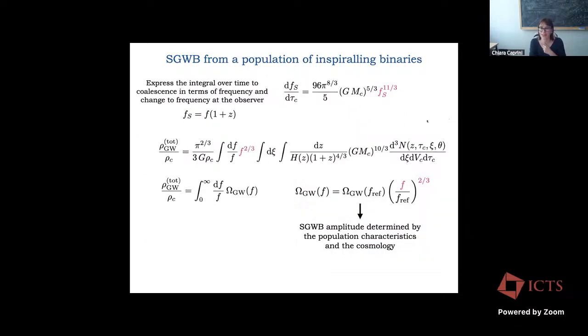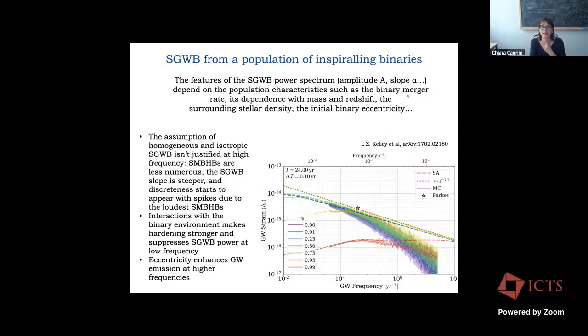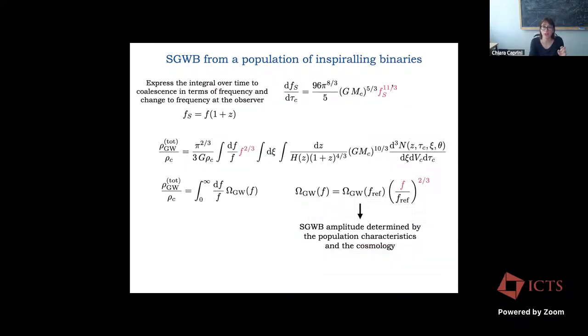Everything is hidden in this factor here, and there is the binary merger rate, its dependence on mass and redshift, the surrounding stellar density, the initial binary eccentricity, because all this calculation has been done with circular binaries, but the binary can have some eccentricity, in which case the waveform changes. It has different relations here, for example.